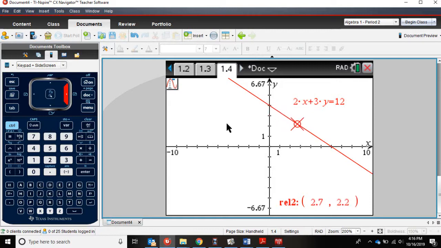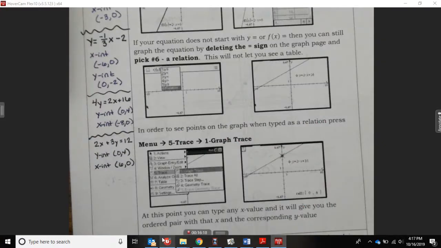And if you keep scrolling, your x-intercept or your 0 is 6, 0. So I wrote those down on the paper.